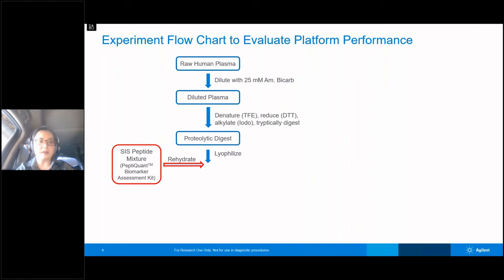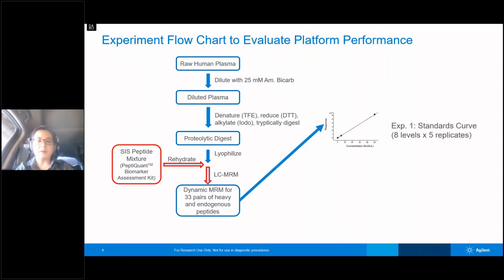We spiked these standards into the human plasma digest and used dynamic MRM to monitor 33 pairs of heavy and endogenous peptides. We designed three experiments. In the first experiment, we spiked the standards in plasma at 8 concentrations and loaded these 8 concentration samples on Evotips with replicates.